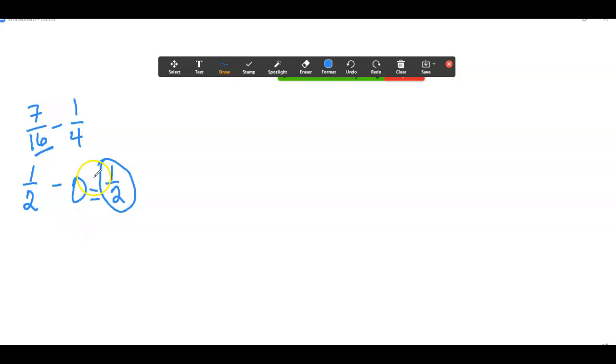The next thing I want to do is find my LCD. Okay, now, can 4 go into 16? Absolutely. So I'm saying that my LCD is 16. If I don't know that, or I want to prove it to myself, I can write out my list of multiples.